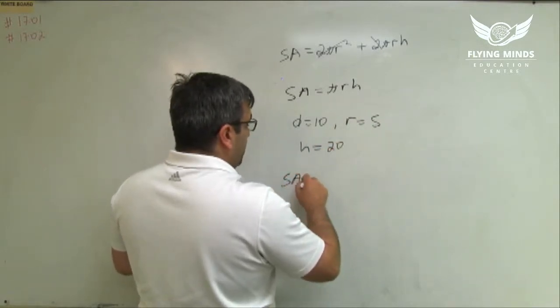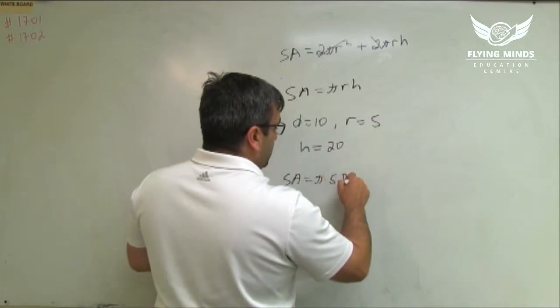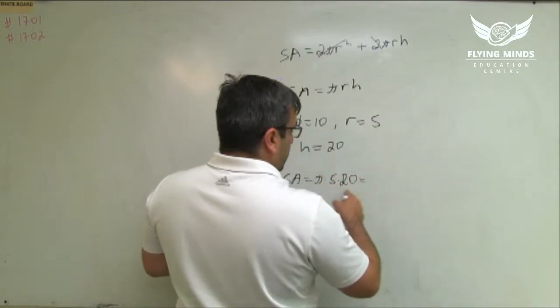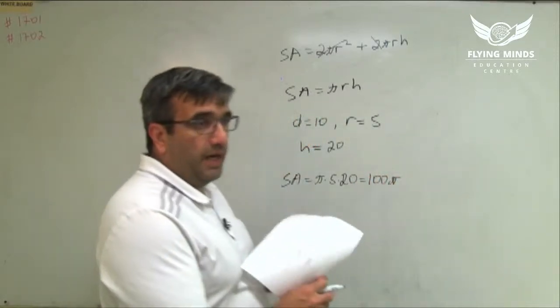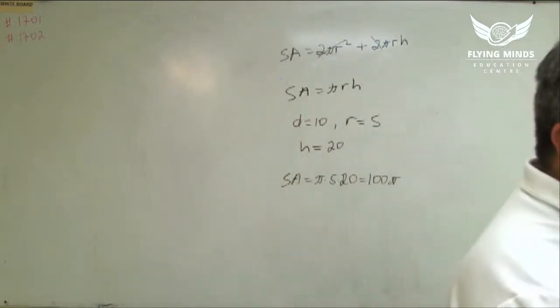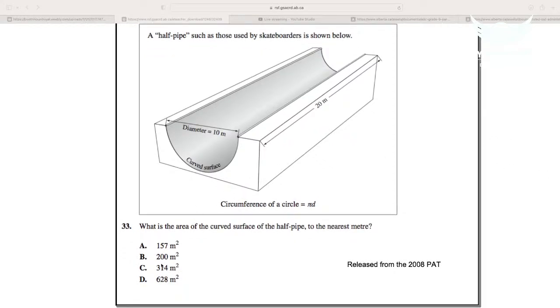Then the surface area will be pi times 5 times 20, so it will be 100 pi, and pi is 3.14. So the correct answer is C, 314 square meters.